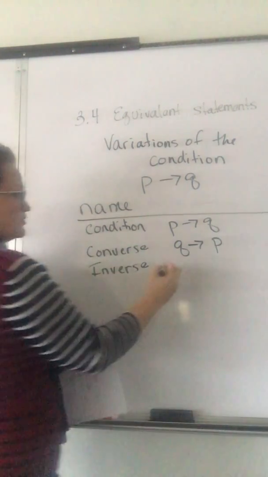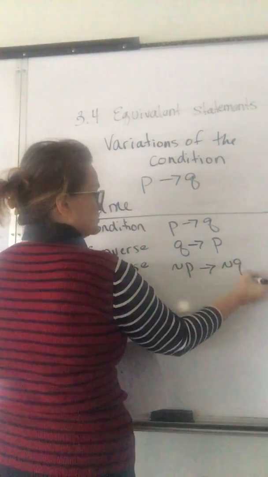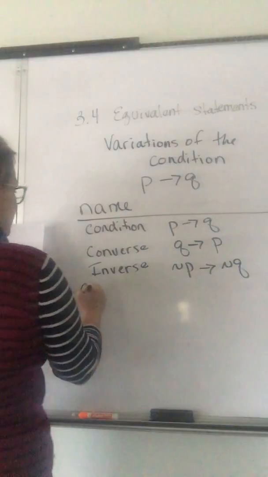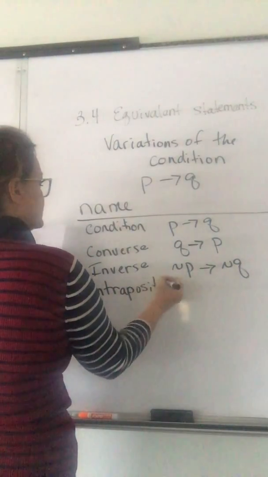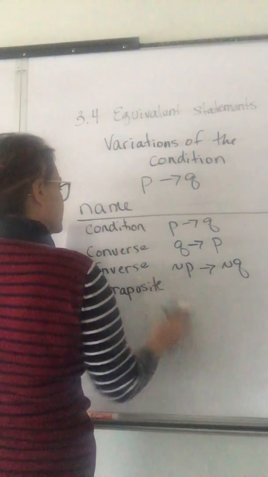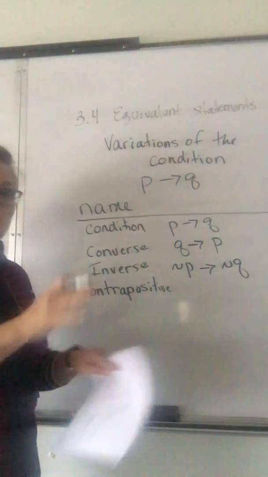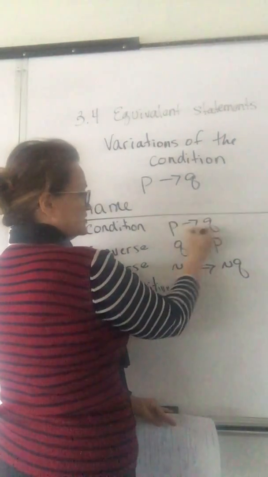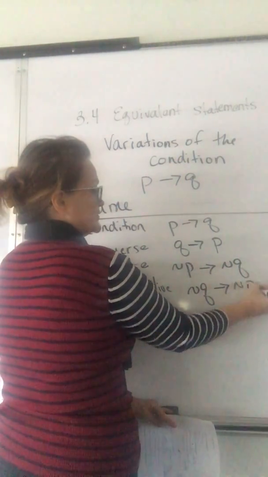It keeps the order, but it negates: if not P, then not Q. And then the last one is called the contrapositive, and it switches and negates. The contrapositive does both. It switches the order and negates. So of the original conditional, it would be if not Q, then not P.